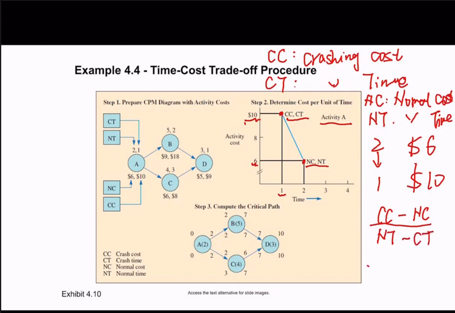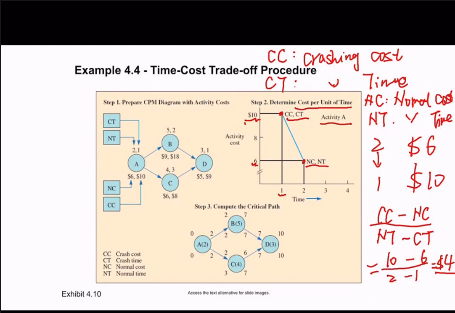For activity A, the crashing cost is $10 minus $6, divided by 2 minus 1, which is 4. What does that mean? It means if you want to reduce 1 day, it may increase the cost by $4. If you want to reduce 2 days, if possible, then it will be 2 times 4, which is 8, because 4 here is the cost per unit of time.